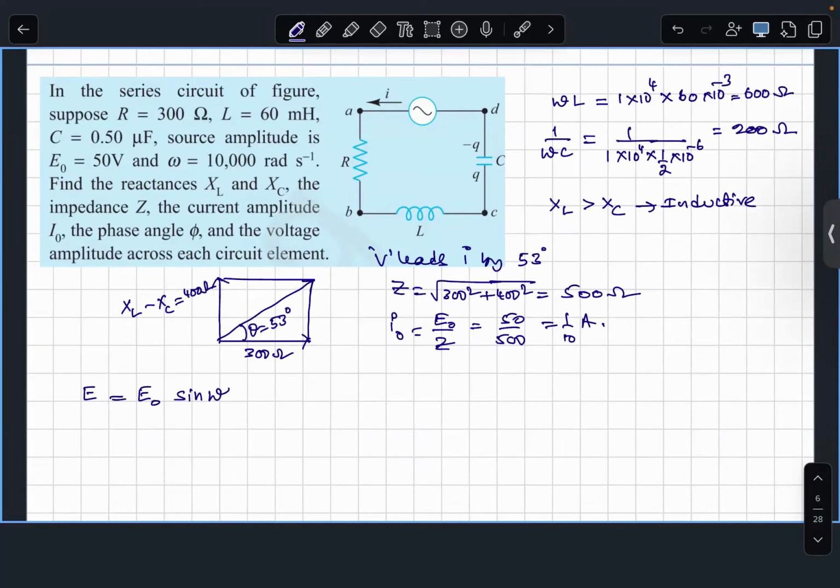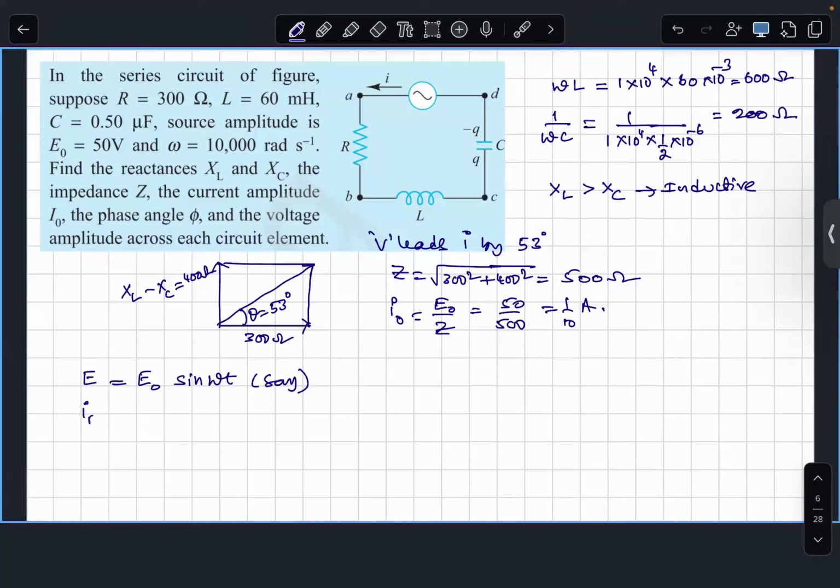The current through the resistance is I times R, as we already said, 1 by 10 times R. IR is I naught sin omega t.